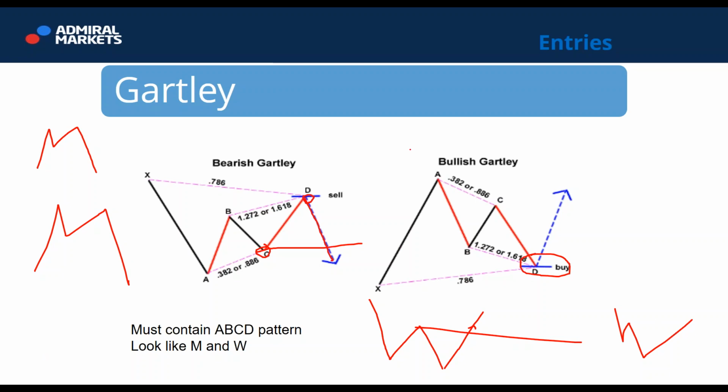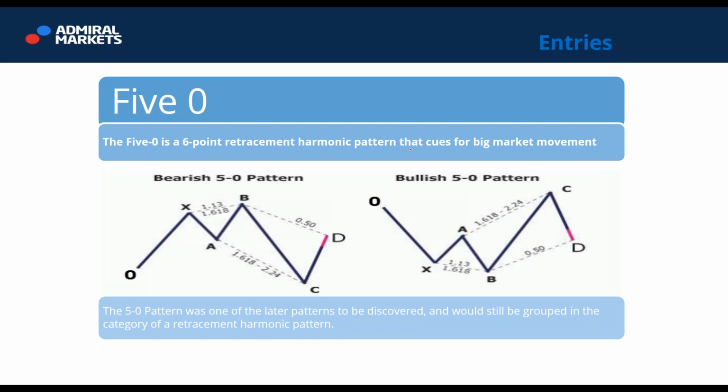Next one is the 5-0. We already spoke about it, and I like this pattern because it can also show us counter trend trade opportunities. The 5-0 is a 6-point retracement harmonic pattern, and it cues for big market movement.